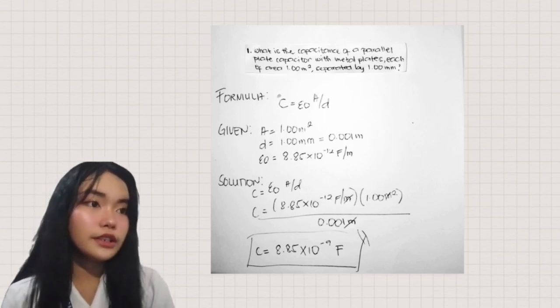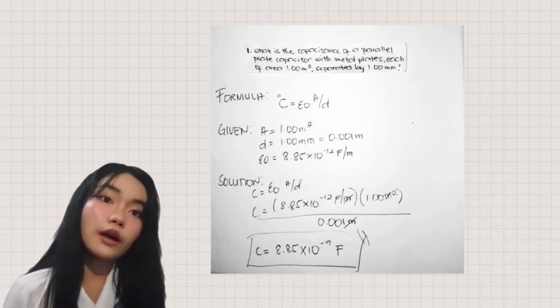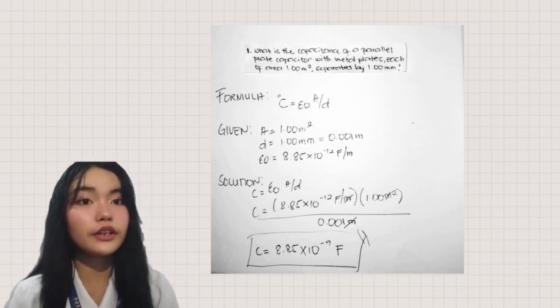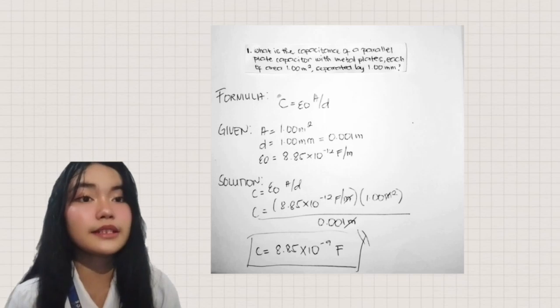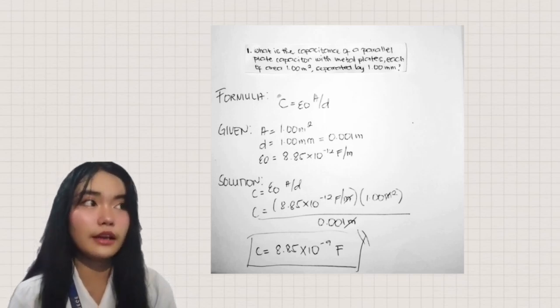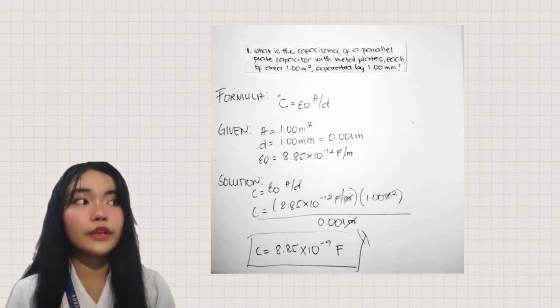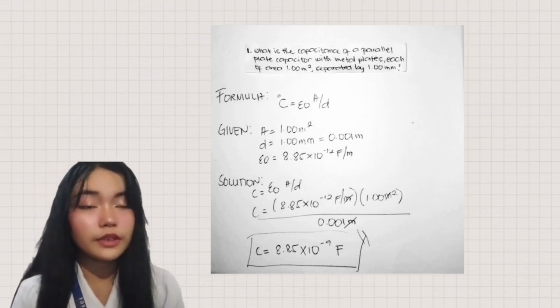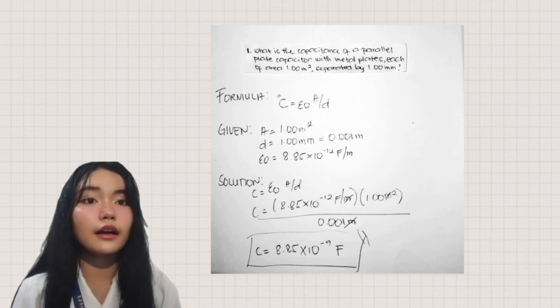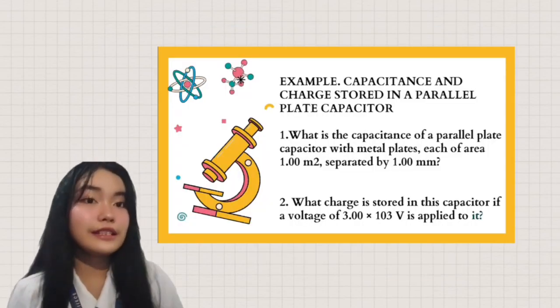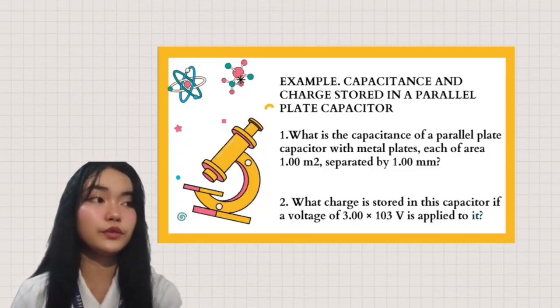If we calculate it, the answer we will get is 8.85 times 10 raised to the power of negative 9 F. Therefore, the capacitance of the parallel plate capacitor is 8.85 times 10 raised to the power of negative 9 F. So, let's move on to number 2.